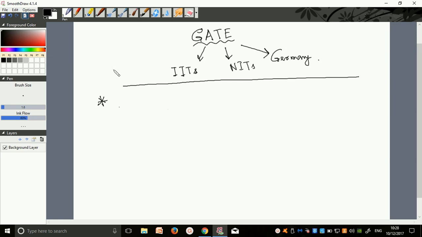Suppose we are discussing one mathematical problem right now. In mathematics, we'll do one problem for eigenvalue. What is eigenvalue? Suppose you are given a matrix A. It may be 2 by 2, it may be 3 by 3.